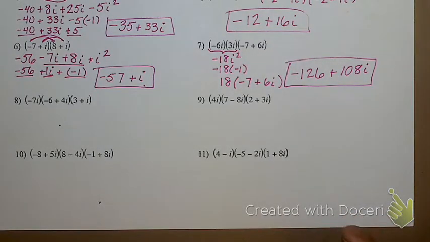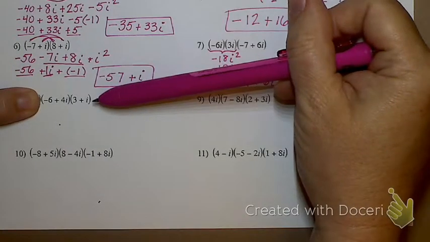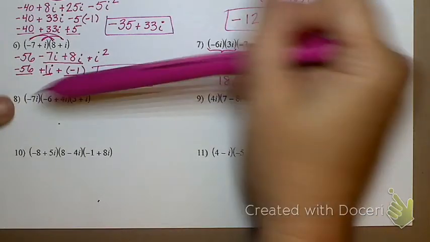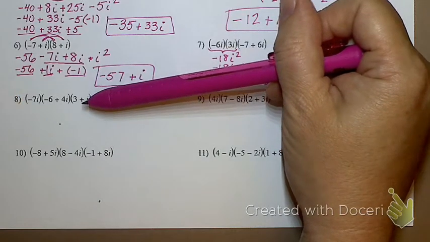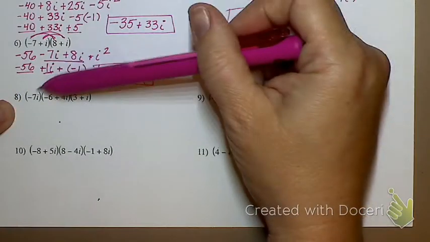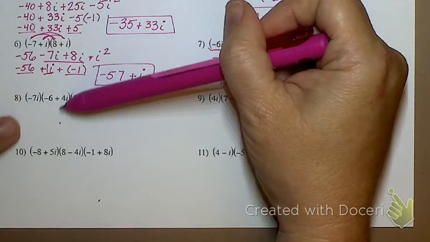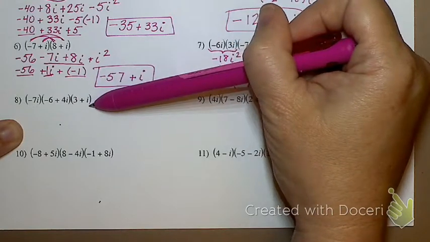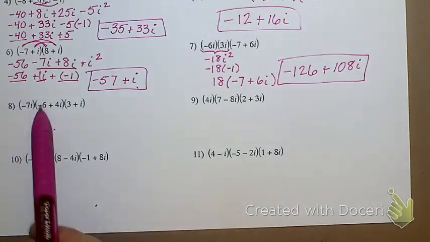You could start off by multiplying these two using the box or the distributive method, and then distribute this through whatever answer you get. Your other option is to distribute this through the first parentheses, and then take that answer and use the box method or distribute it with the other parentheses.